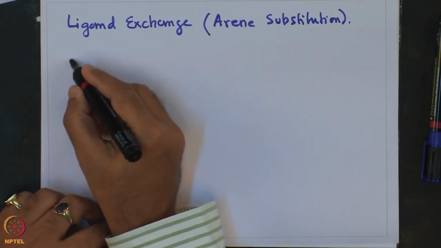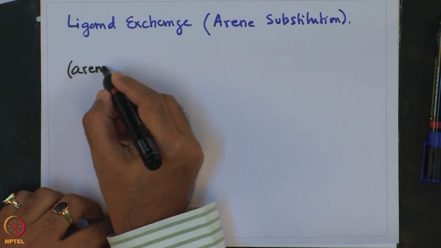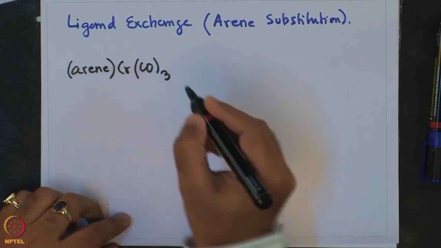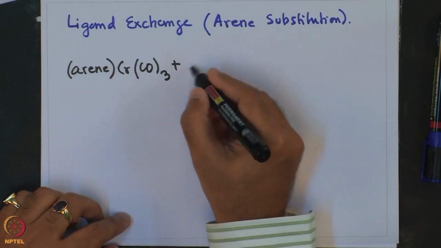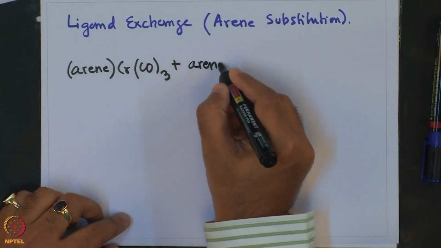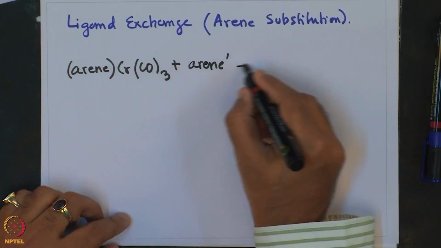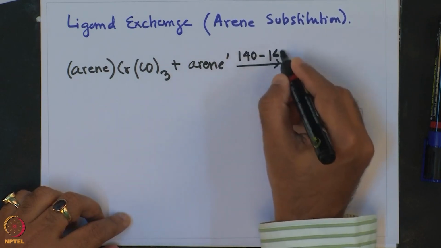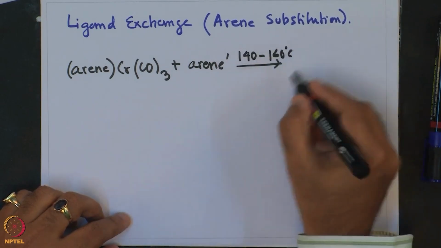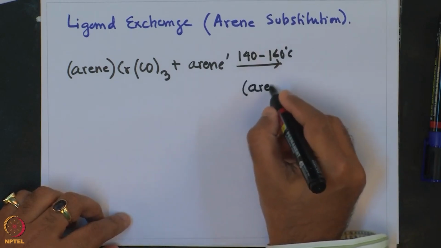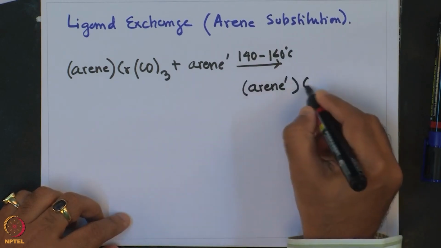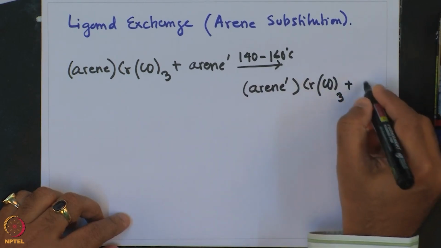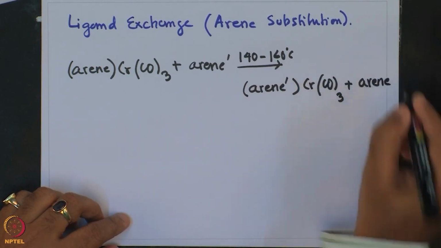This is the direct reaction of arene chromium tricarbonyl plus another arene, which is given by arene dashed, at 140 to 160 degree centigrade, giving arene dashed chromium tricarbonyl plus arene.